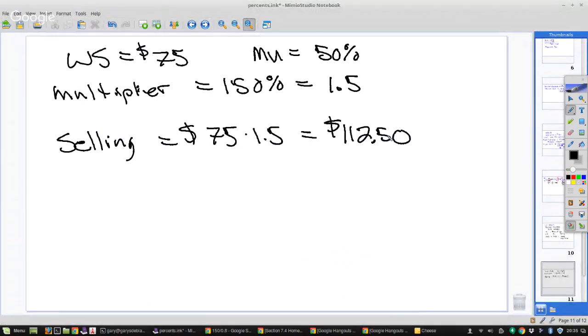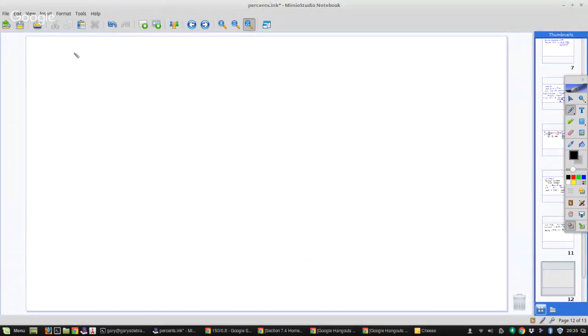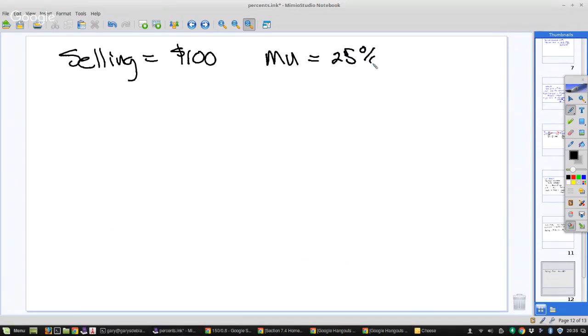All right, suppose though, go the other way, that we know the selling price. Let's say something is going to sell for an easy $100, and we know the markup, and let's go with 25% for the markup. Now the problem here is I don't know the original amount. Now remember, we can change this into a multiplier by adding it on to 100%.